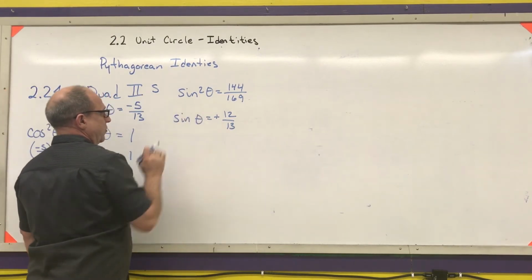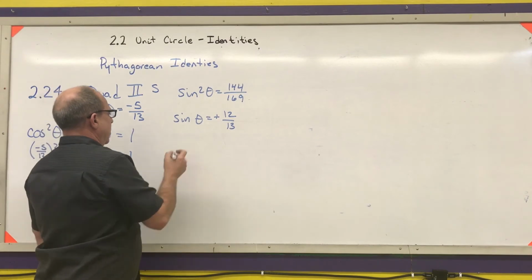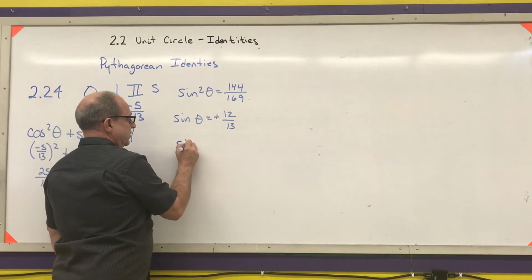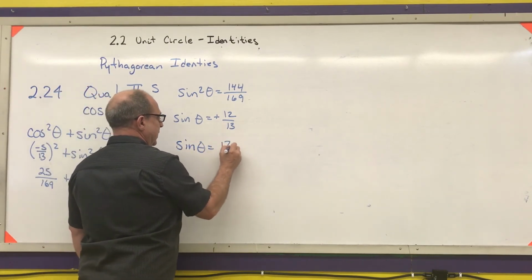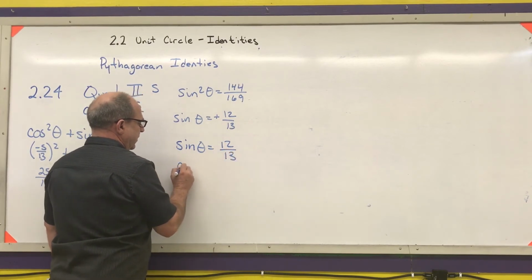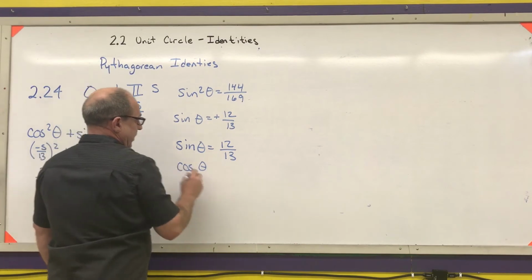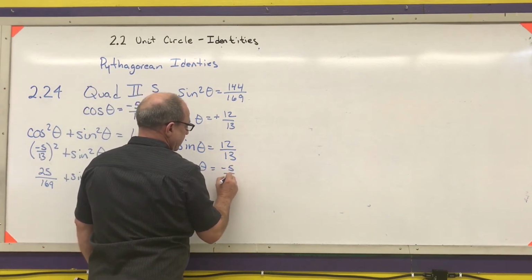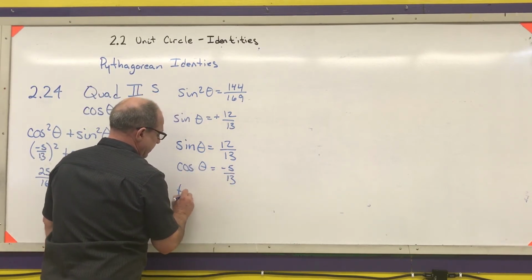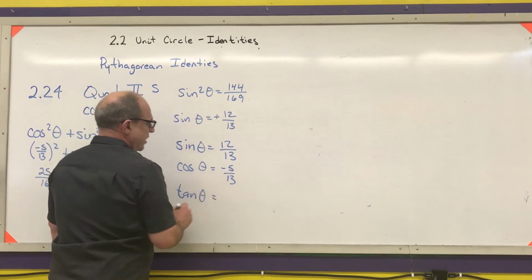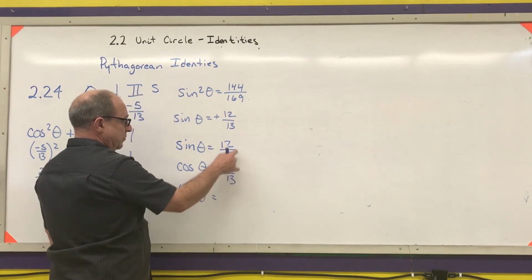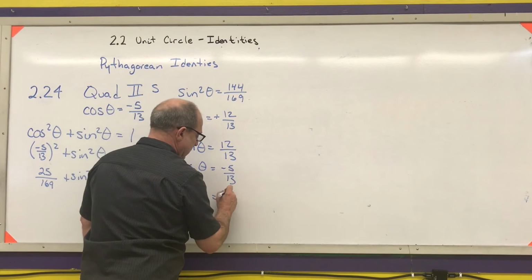Okay, forgot to get rid of the squared symbol. Okay, so my 6 trig functions. Sine of theta is 12/13. Cosine of theta is negative 5/13. Tangent theta, sine over cosine. Denominators are the same, so it's negative 12/5.